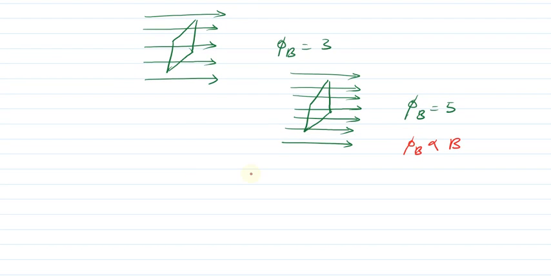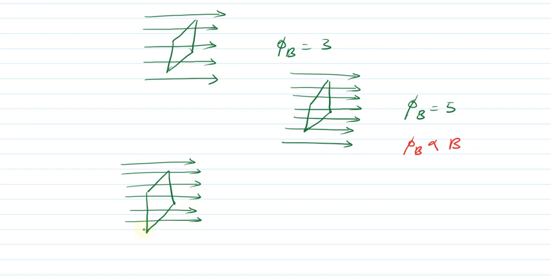And also, in the second condition, if we increase the area of the surface for the same strength of magnetic field, it means if the magnetic field is constant and we increase the surface area, let's say the surface area is increased, and for this same magnetic field strength, here the magnetic flux will be 1, 2, 3, 4, 5, 6.